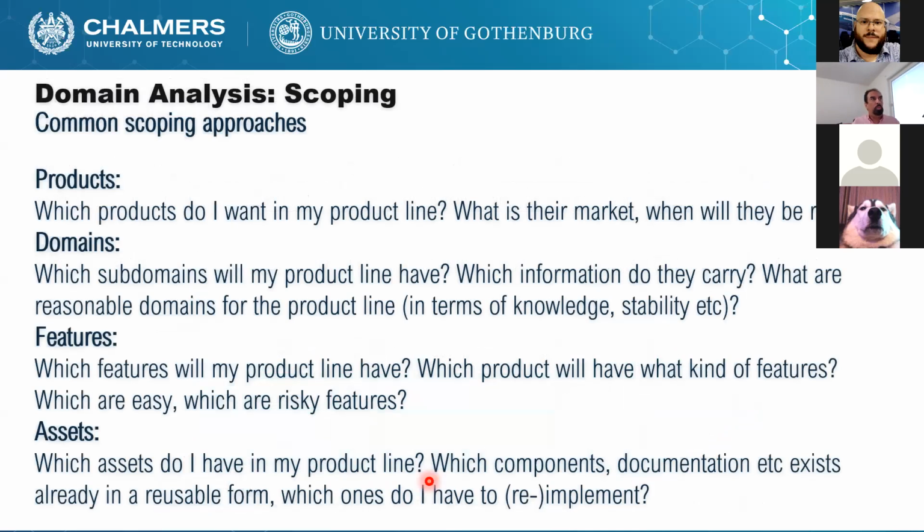Domain analysis, scoping, and the common scoping process. Here we are trying to shed some light on the scoping, what goes into the scoping for the domain. First, you need to look at the product, the end product that you want to achieve. Which products do you want in your product line? So you have a consciousness of what products you anticipate.